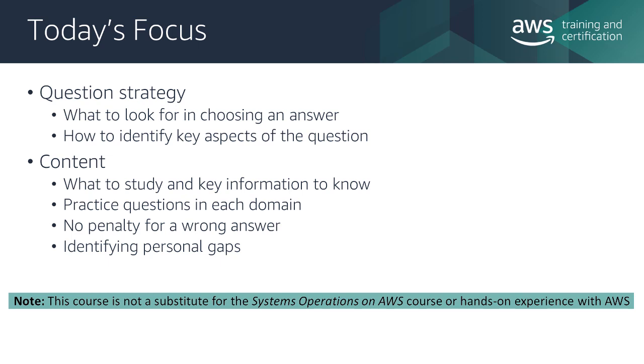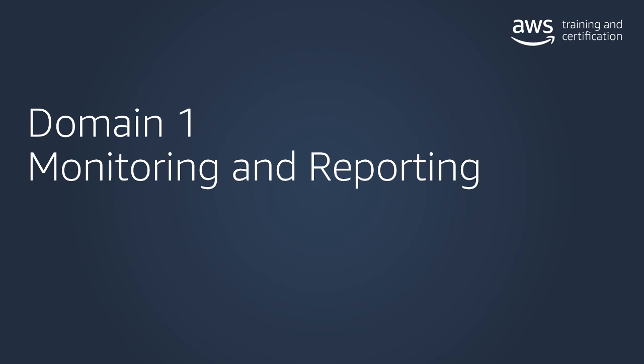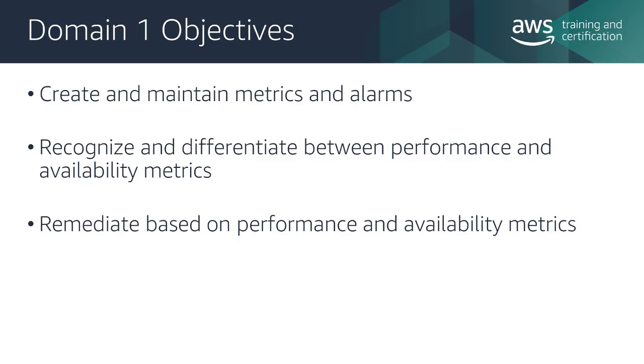Let's dive in. Domain number 1, monitoring and reporting. In this domain, you are going to be creating and maintaining metrics and alarms in your system. This means you need to understand what those metrics do, how they're recorded, what triggers alarm states.